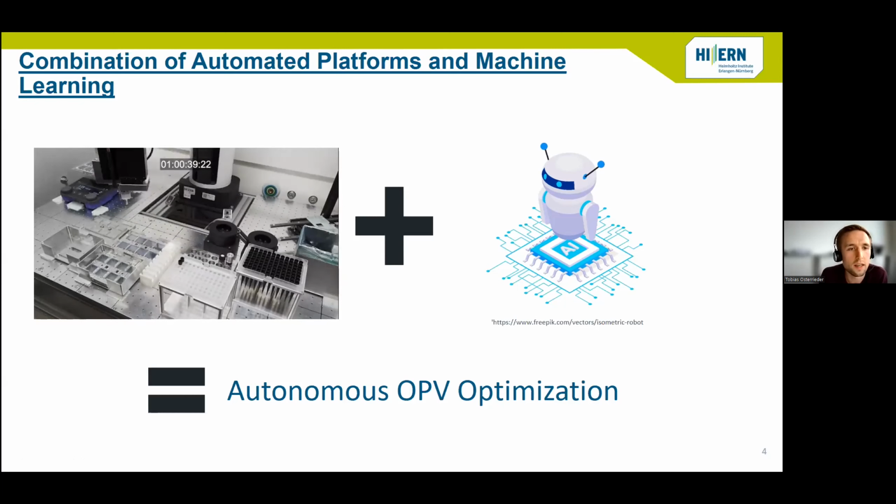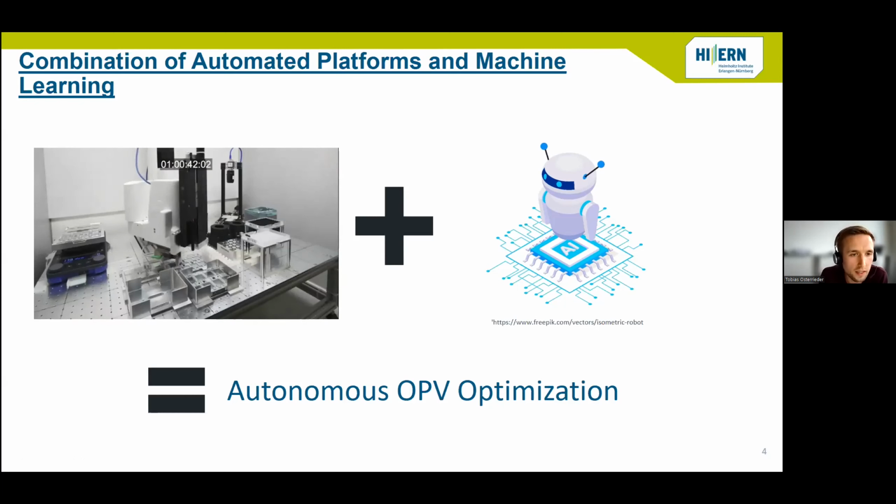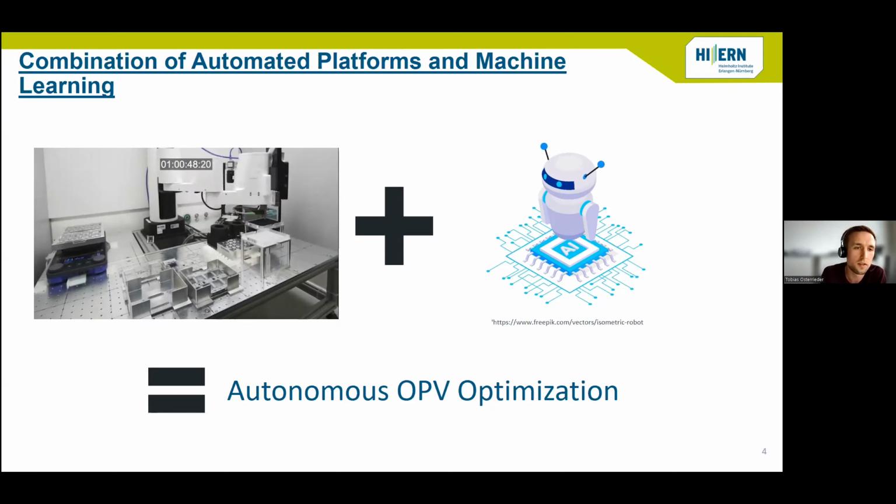So these robots help us to create a lot of cells, and also we don't need to stay in the lab all the time, but we can focus our work on different things. And now we want to go a step further.